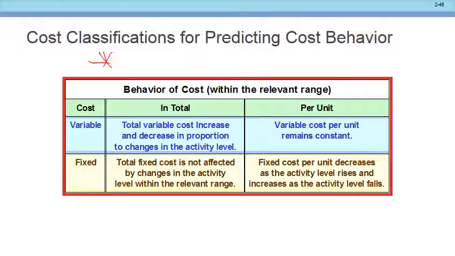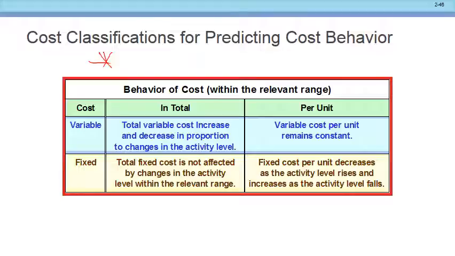What if I produce 3 units? My total fixed costs are still 100,000, but my fixed cost per unit now is 100,000 divided by 3, which is $33,333.33 or something like that. Whatever. That's it.